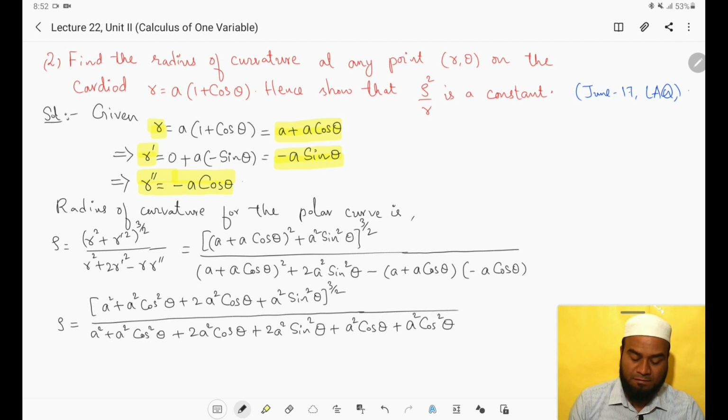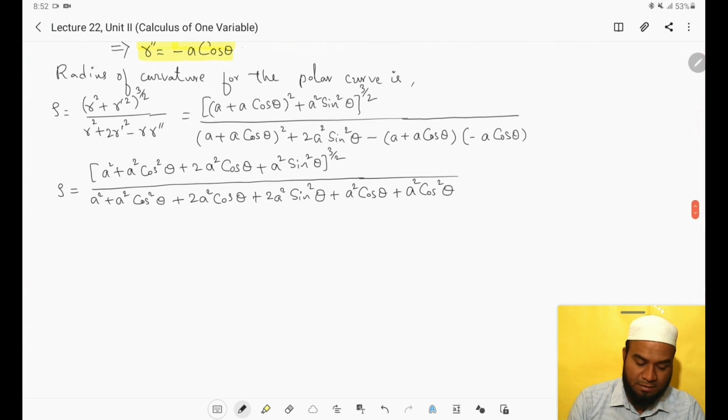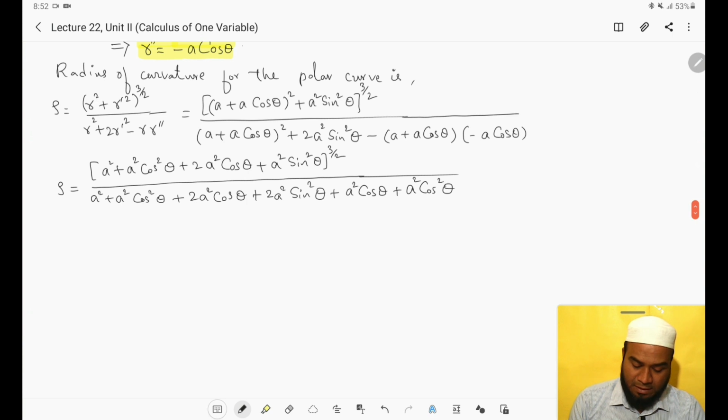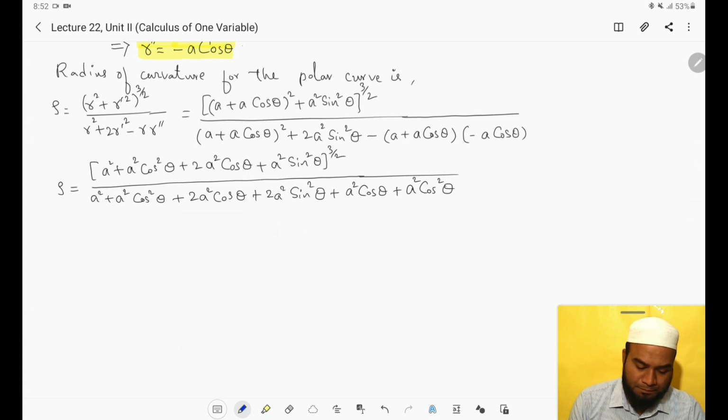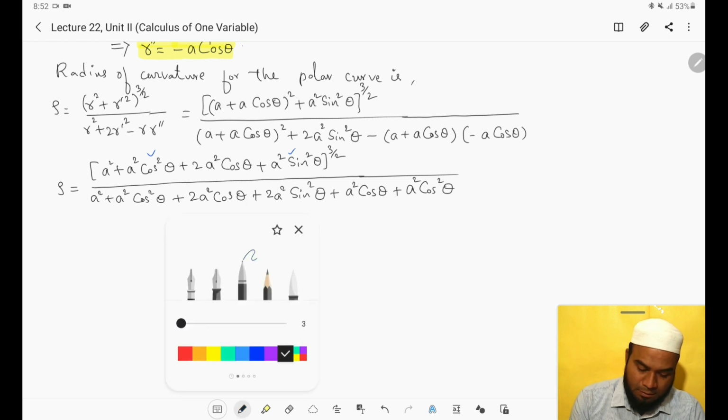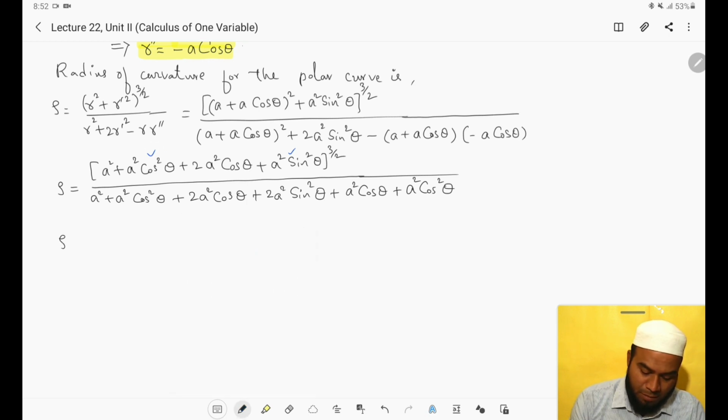We have to simplify this further. So what I am going to do is in the numerator, you see this term and this term, whatever I have marked. So rho equals to what we'll get in the numerator.